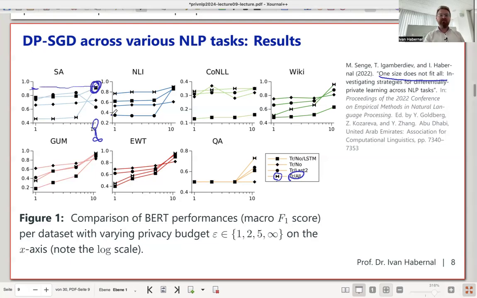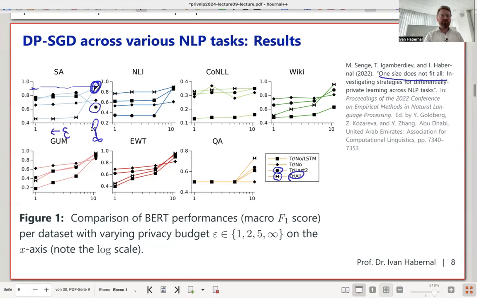If you just take, let's say, the last two layers of BERT, which is this circle, and fine-tune it non-privately, you get lower performance, because the model learns less from this task. But surprisingly, with privacy, this is epsilon here, and the more to the left you go, the stronger the privacy is, now everything basically flips.